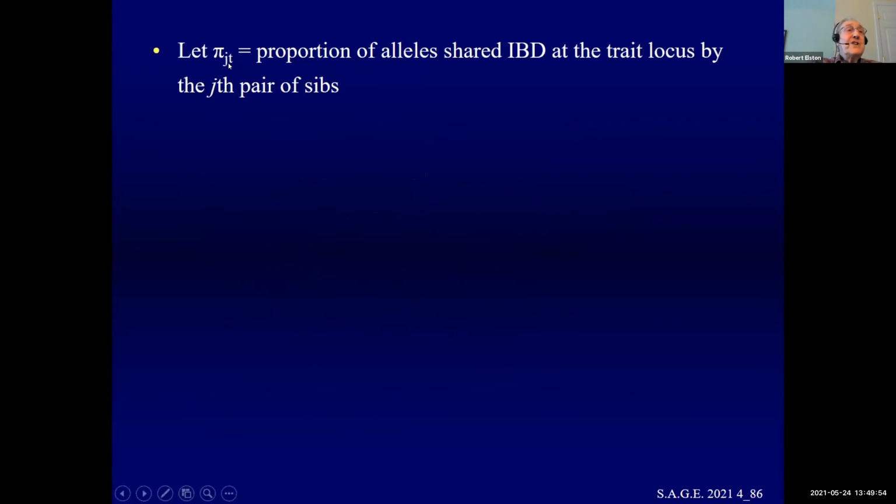Let pi_jt be the proportion of alleles shared identical by descent at the trait locus by the jth pair of sibs. So it's at the trait locus; we're assuming we're right there at the trait locus.